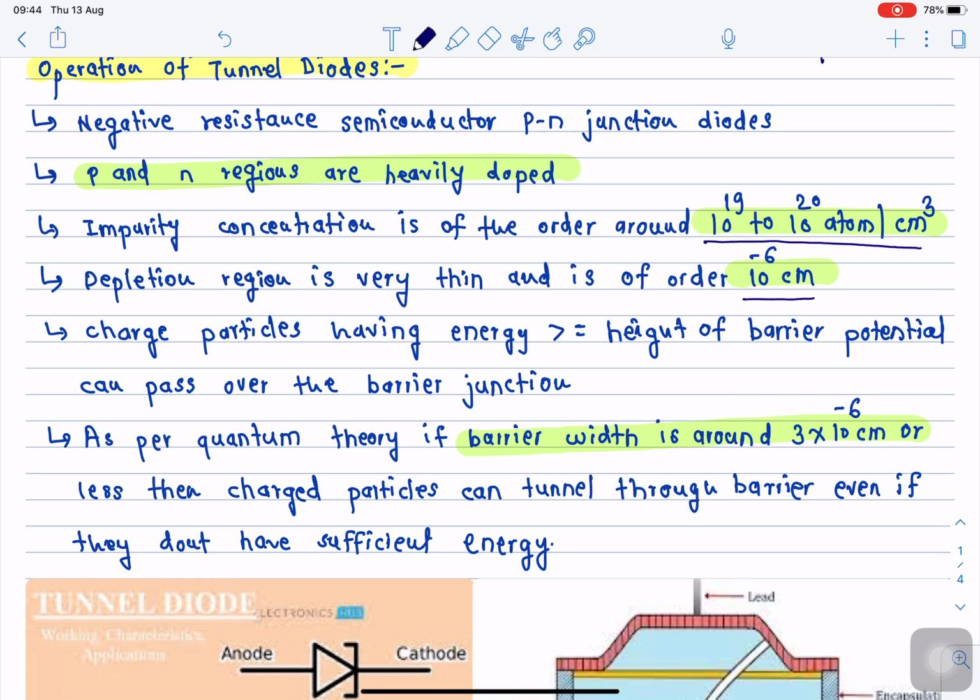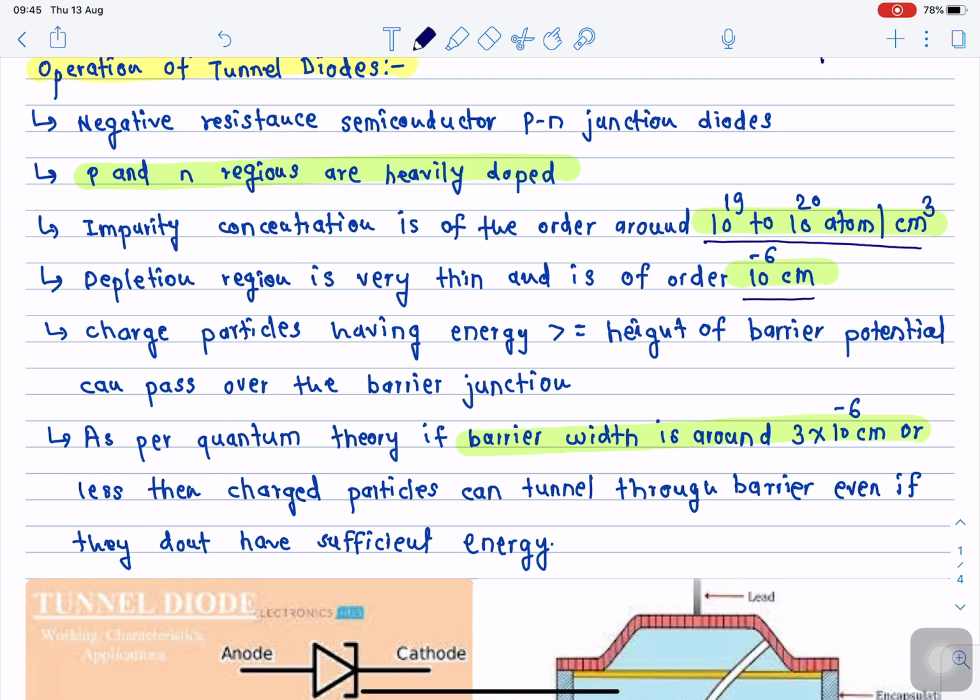So you can consider that the barrier width of such diodes is on the order of nanometers. When we forward bias the diode, the charged particles get excited and acquire energy with the applied bias, such that it is sufficient for them to easily cross this barrier potential.